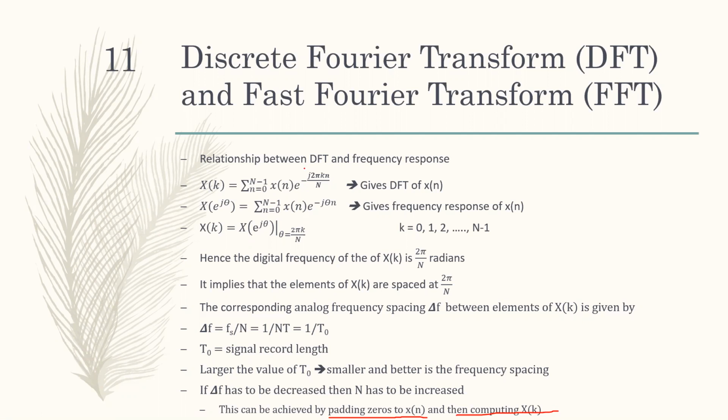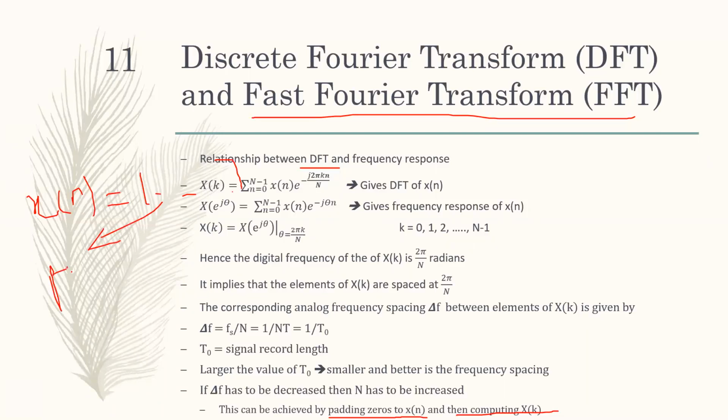For example, if you want to obtain an FFT of a signal, generally in radix 2, the sequence x of n has to contain a number of elements that is a power of 2. If you remember, the number of elements present should be a power of 2. Then I go in for applying the radix 2 method for the fast Fourier transform and obtain it.